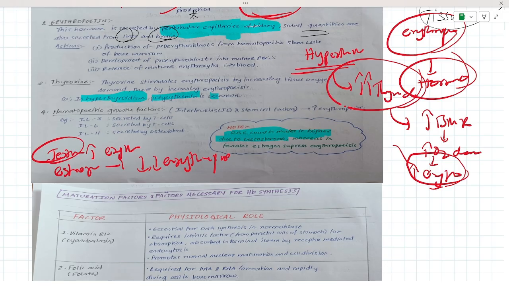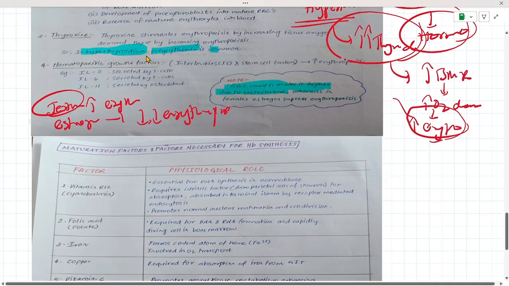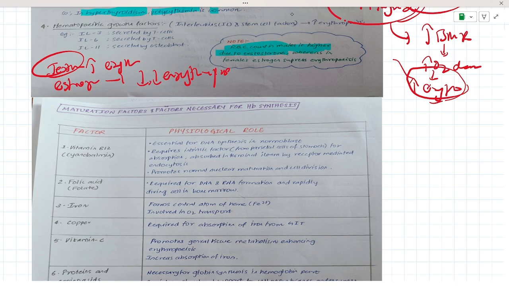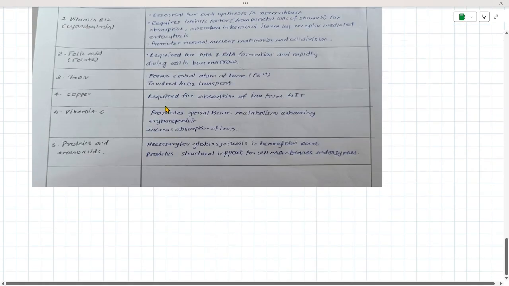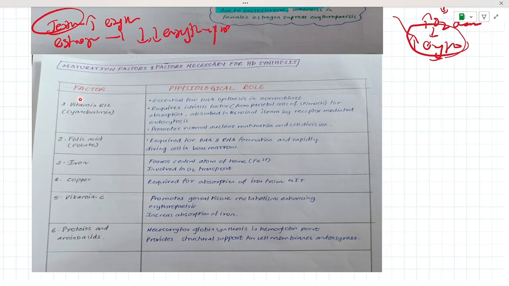Now, we'll be discussing maturation factors and factors for HB synthesis together. So, what are the maturation factors and factors of HB synthesis? I have written them in a tabular format here. Vitamin B12 is essential for DNA synthesis in normoblasts. See, we have to remember this table.